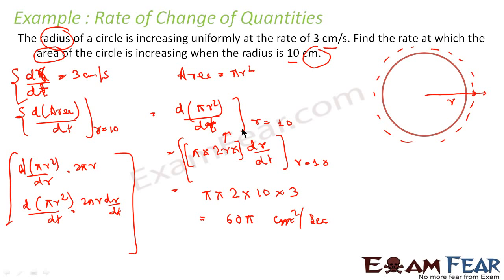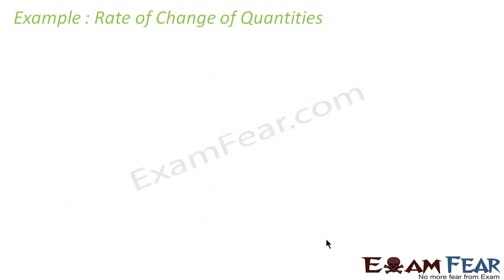I know r is 10 and dr by dt is 3. Putting in all the values, I got 60 pi, and the unit came out to be centimeter square per second, because I'm talking about the change of area with respect to time in seconds.